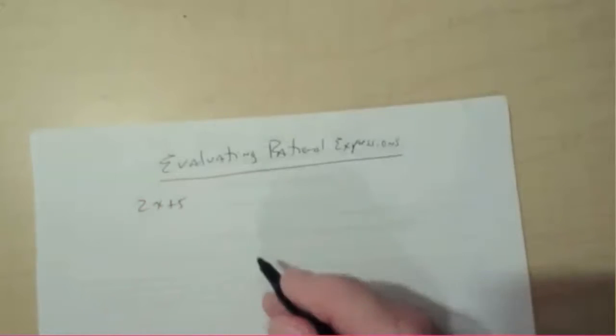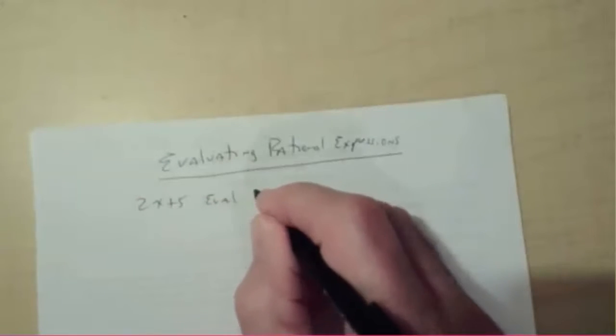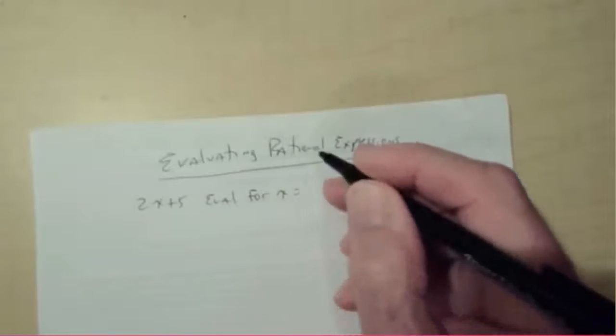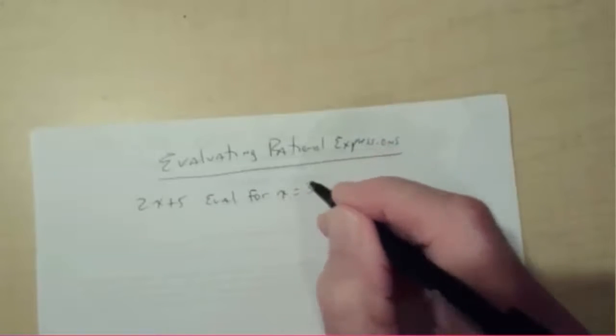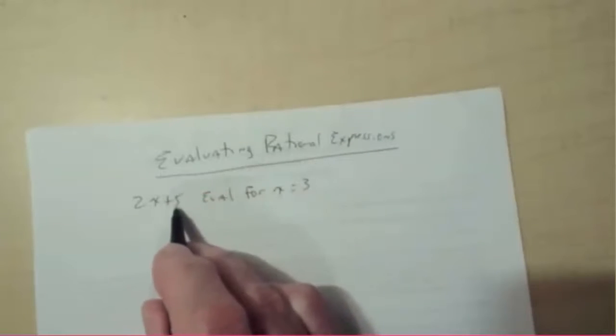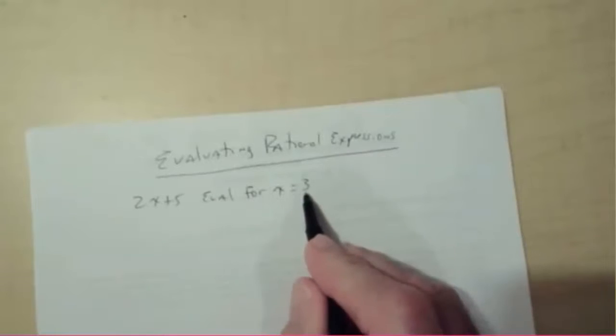Okay, so what if we have 2x plus 5, and you want to evaluate it for x equals 3. Now, all we do here is wherever there's an x, we're going to plug in 3.